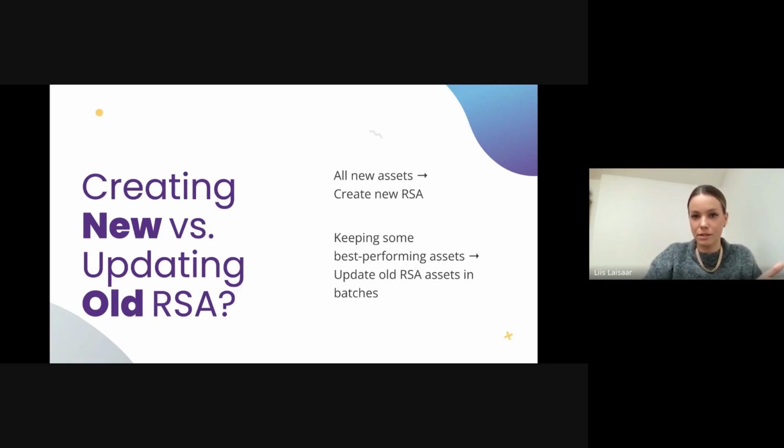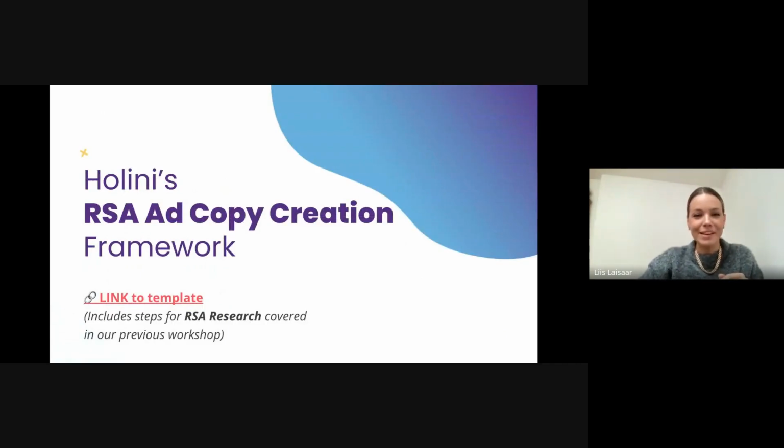For example, replace the 3 worst performing headlines and 2 descriptions in the first batch, wait 3 to 5 days, replace the next 3 worst performing old headlines and maybe 1 description, and continue until all assets that you want to update are updated. So the general idea here is we don't want to shock the system too much in many cases, doing things more gradually to not restart learning too sharply for the system.